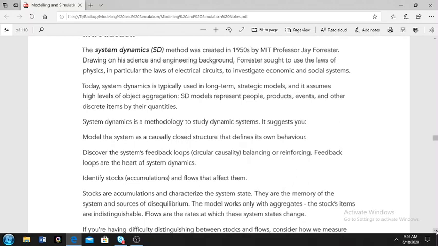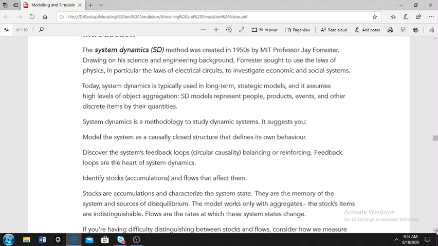System dynamics is a methodology to study dynamic systems. It lets you model the system as a causally closed structure that defines its own behavior. Discover the system feedback loops, circular causality, balancing or reinforcing.